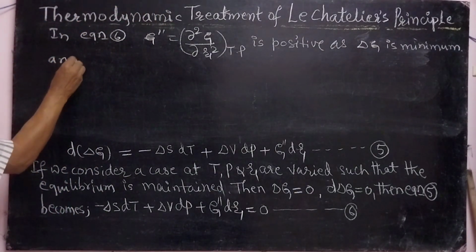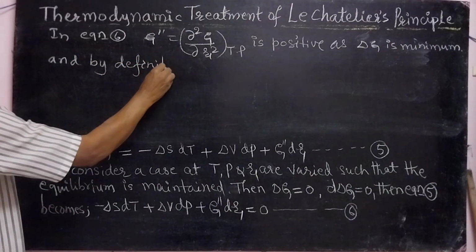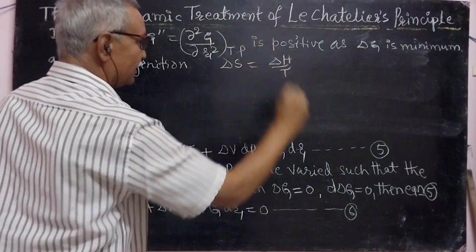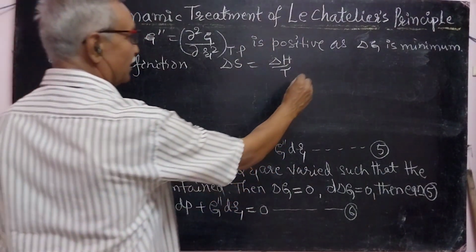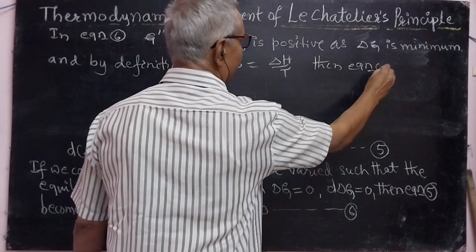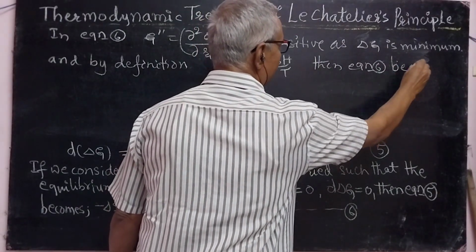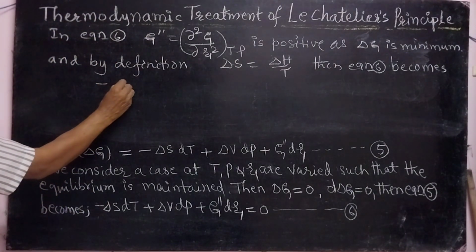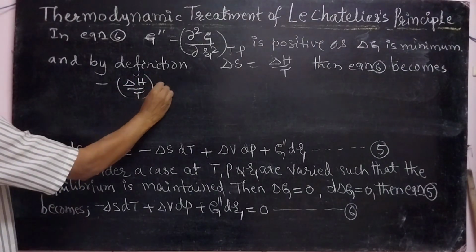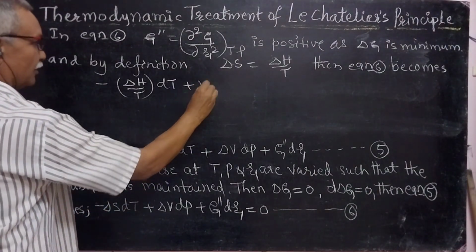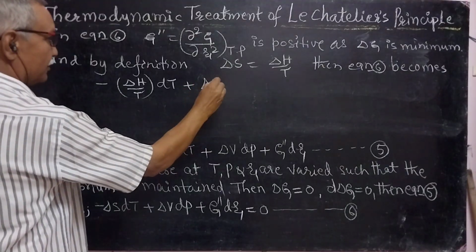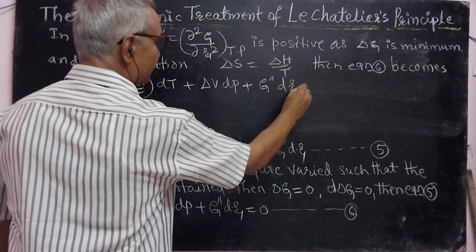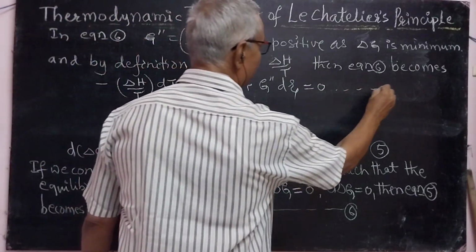And by definition, ΔS equals ΔH divided by T. Then equation 6 becomes −(ΔH/T) dT plus ΔV dP plus G double dash dξ equals 0. Equation 7.